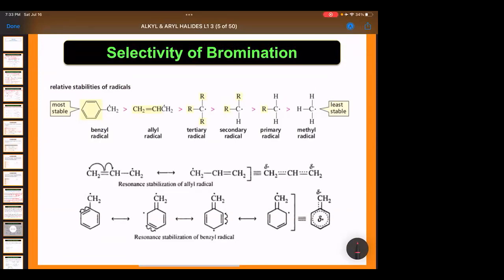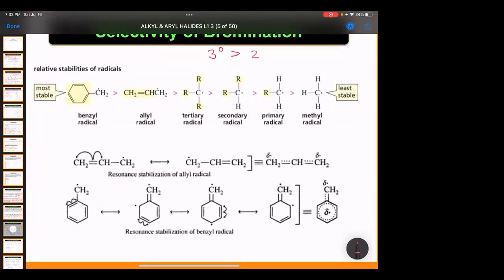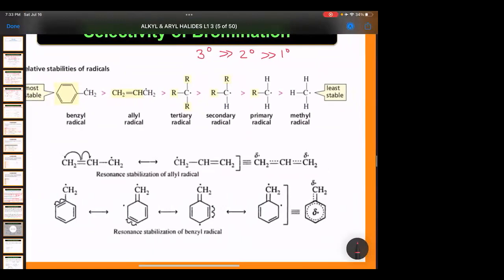Okay, I will tell you the selectivity. Selectivity means bromine has more tendency to attach itself to tertiary carbon, then secondary, and then primary. Tertiary carbon, you know, is the one connected to three carbons. So bromine can break hydrogen from tertiary carbon most easily, followed by secondary carbon and followed by primary.